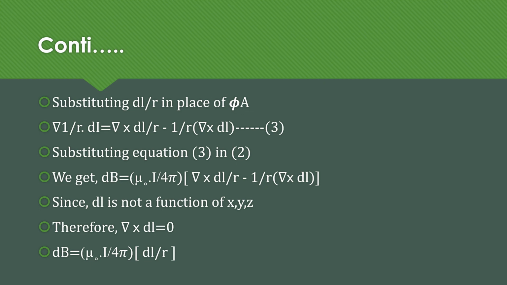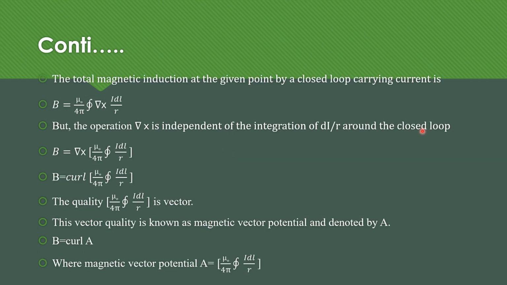Further we'll solve this equation, and it will give the total magnetic induction at the given point due to a closed loop carrying current, and this is nothing but mu 0 by 4 pi into del cross the integral of I dL by R. But this del cross is independent of the integration of dL by r around the closed loop.